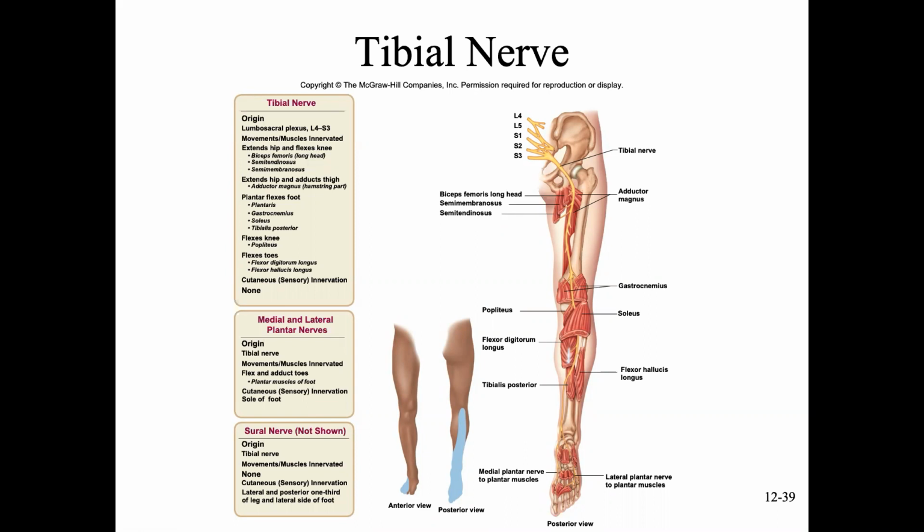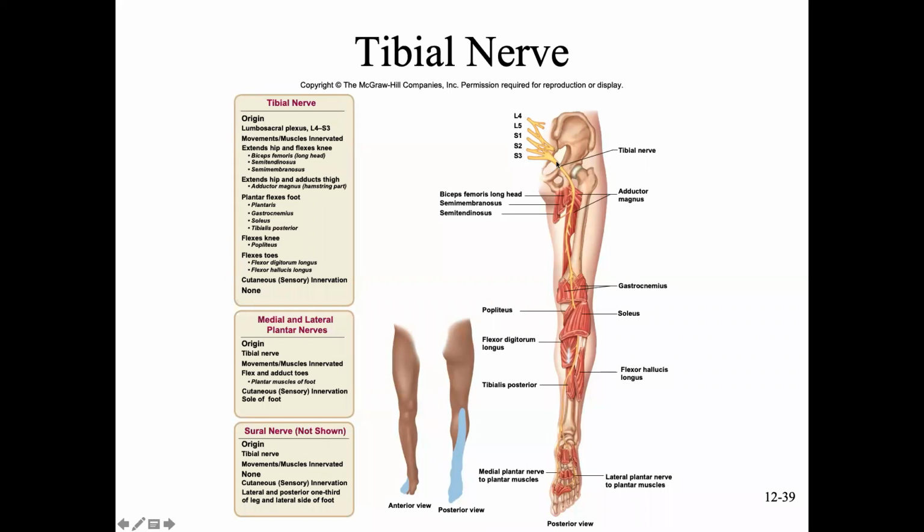If you know femoral is for the quadriceps and the iliopsoas, femoral then is to flex the hip and extend the knee. Then the tibial, or part of the sciatic here, right? I'll say sciatic, not tibial. The sciatic over here. So cross this out, tibial, and put sciatic for now.